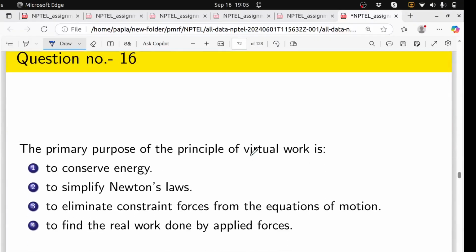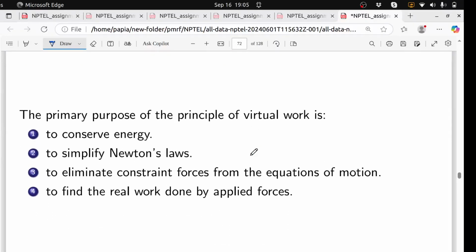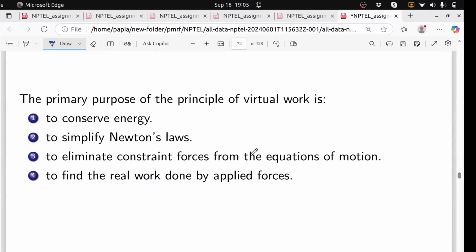Yeah. Now coming to question number 16. The primary purpose of the principle of virtual work is to conserve energy, to simplify Newton's law, to eliminate the constraint forces from the equation of motion, or to find the real work done by applied forces.